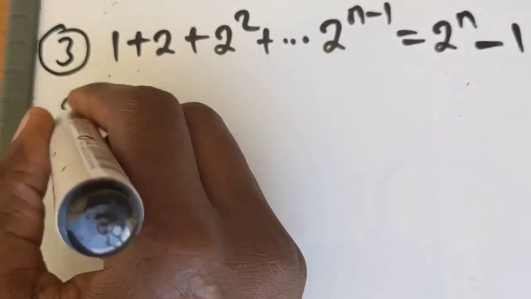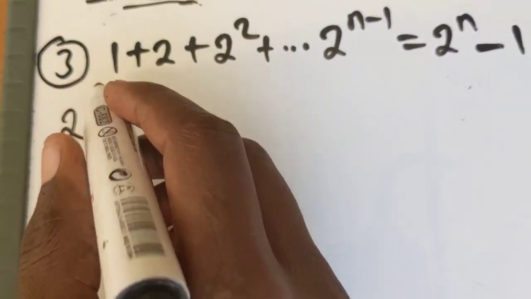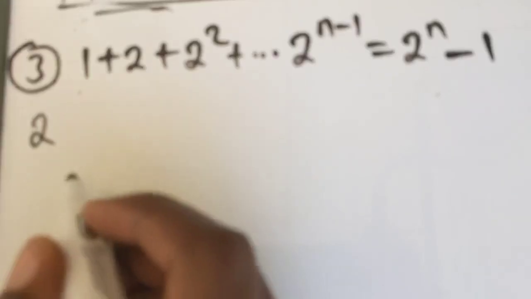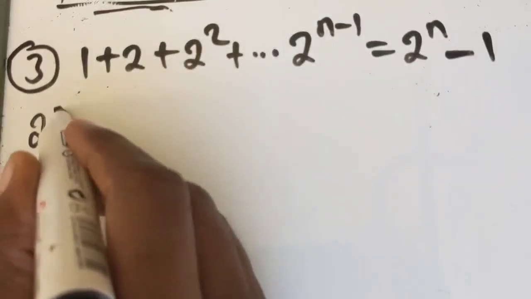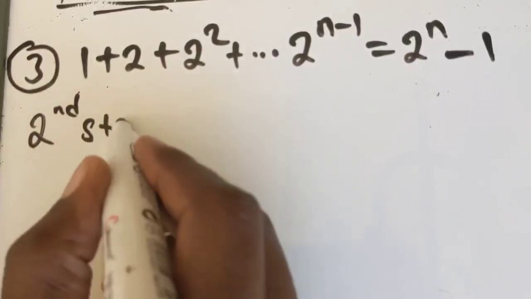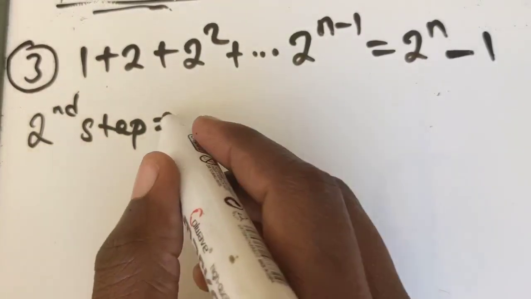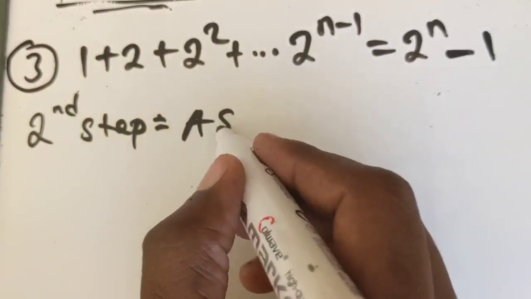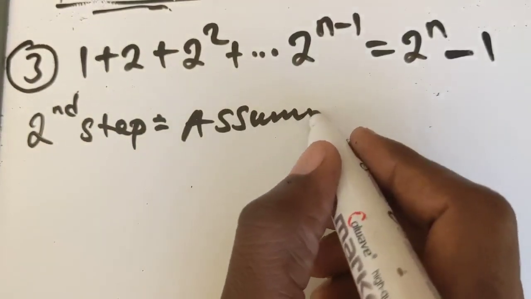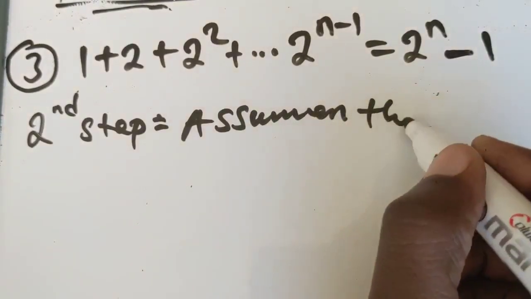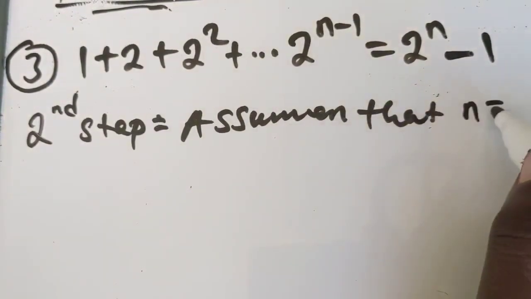So the second step is to assume that n equal to k.